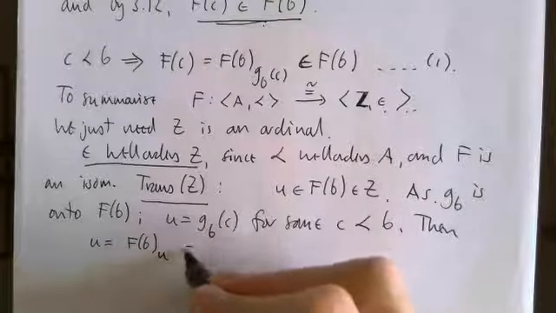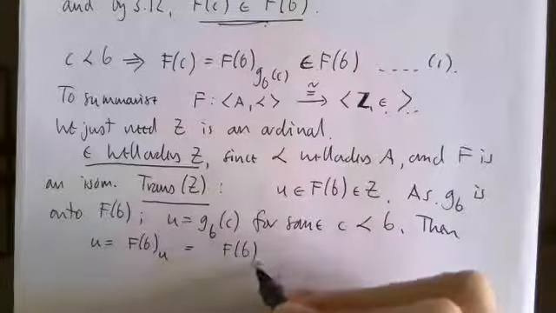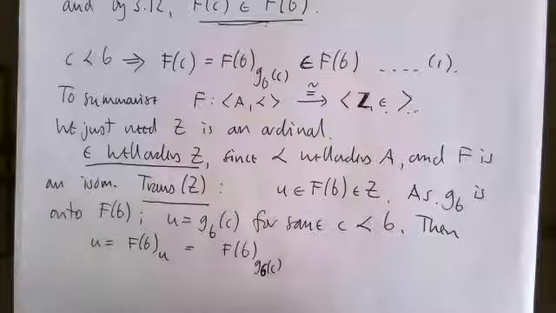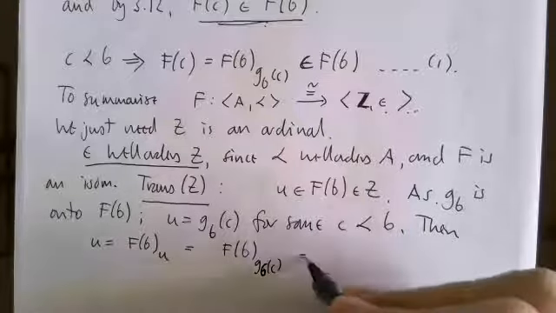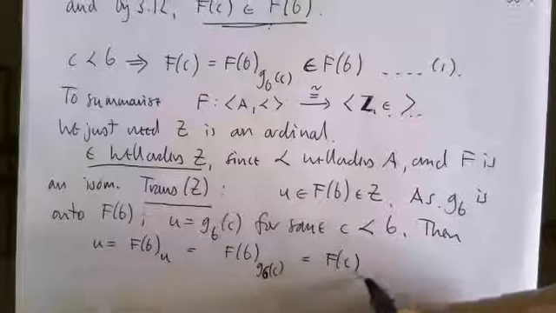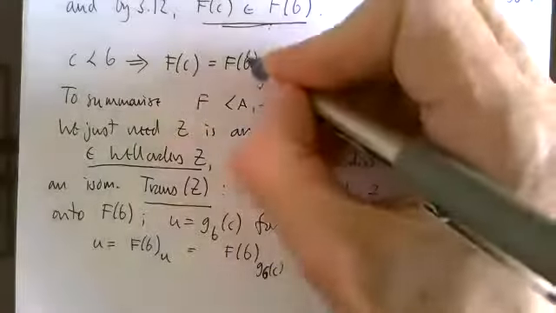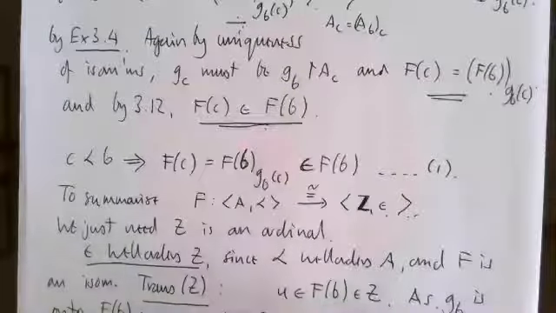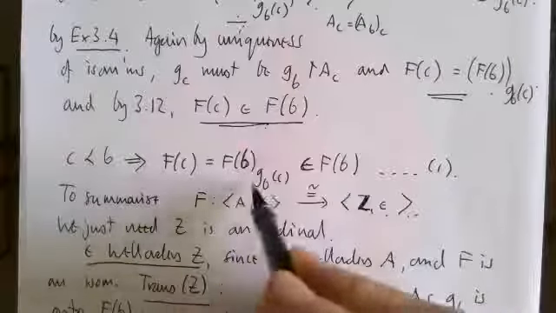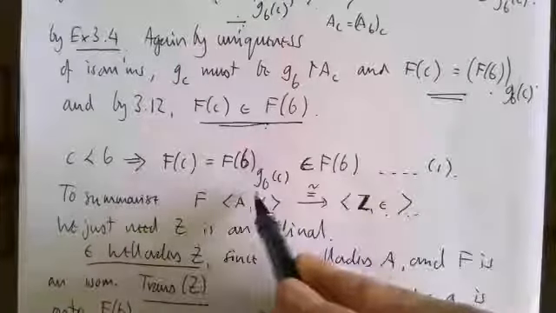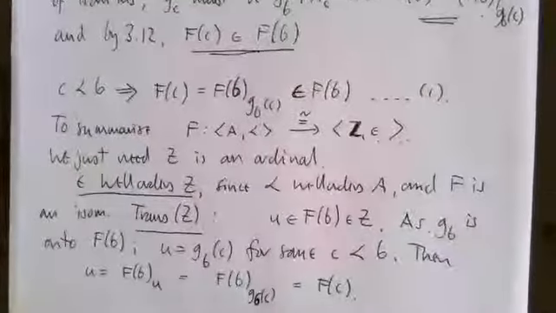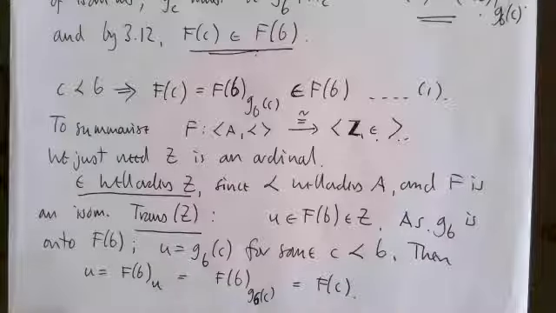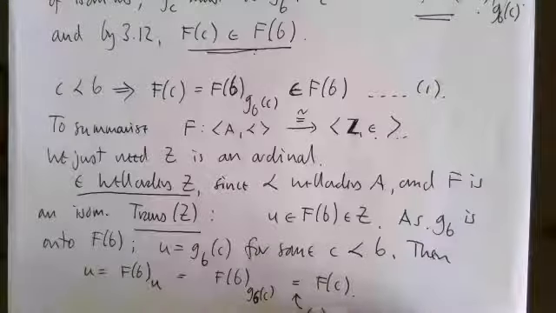And we have that this is, well, that's just what U is, G of B of C. Right? And by one above, this is F of C. So this is F of C here. F of B cut down to G of B of C is F of C. So this holds by one above.